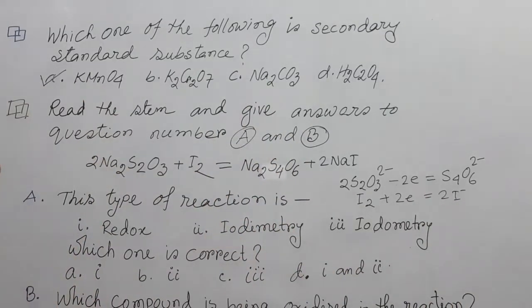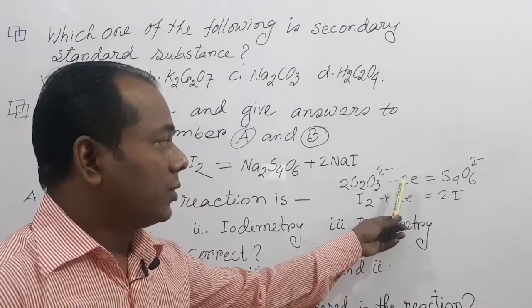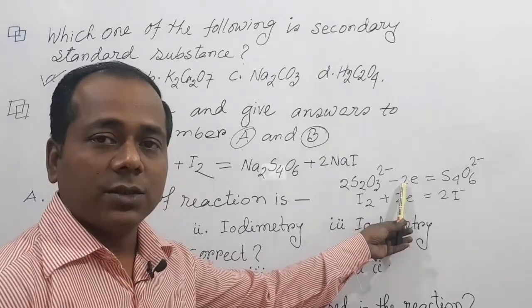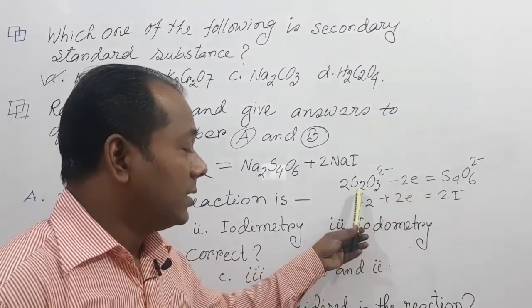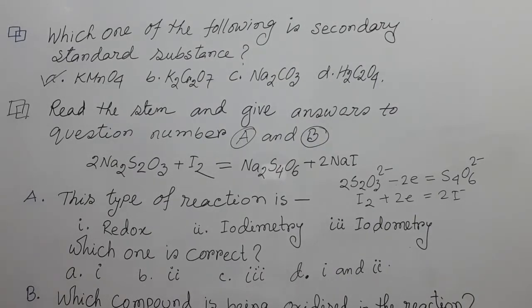So we see that 2 electrons are accepted by iodine and 2 electrons are donated by thiosulfate ion. So we can say that this reaction is a redox reaction.